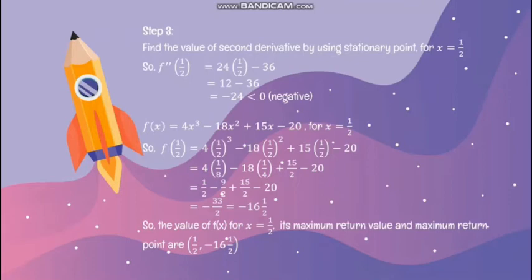So the value of f(x) for x equal to a half is a maximum return value, and the maximum return point is a half, minus 16 and a half.